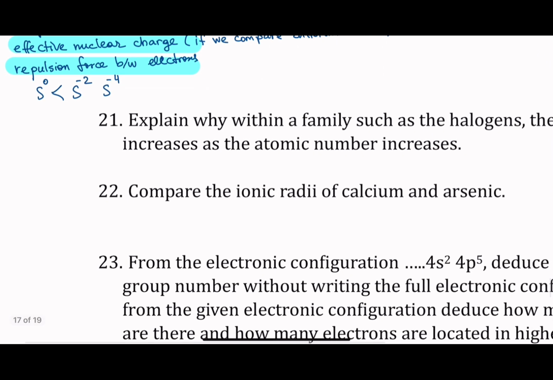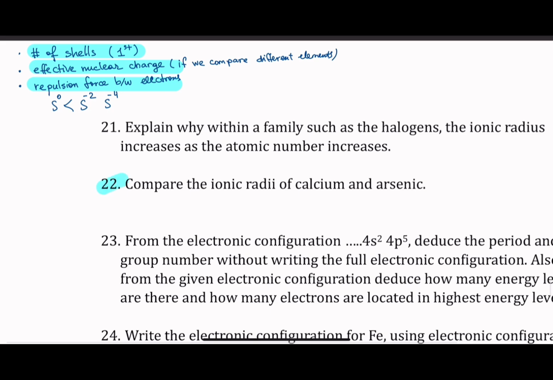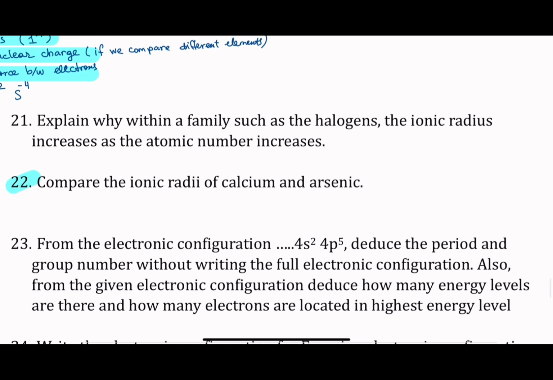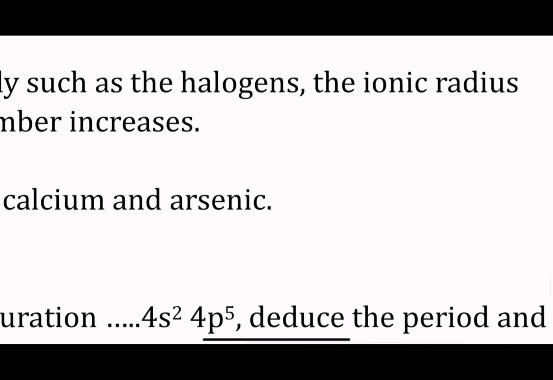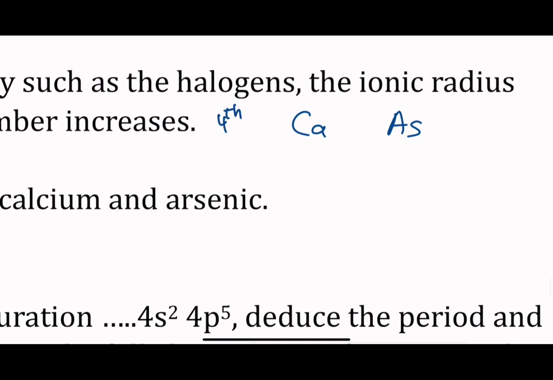Now let's delve into question 22. Now compare the ionic radii of calcium and arsenic. Okay, so first of all, calcium and arsenic, they are both fourth period. Meaning both of them, they have four shells. But in neutral state, they are atoms, right?